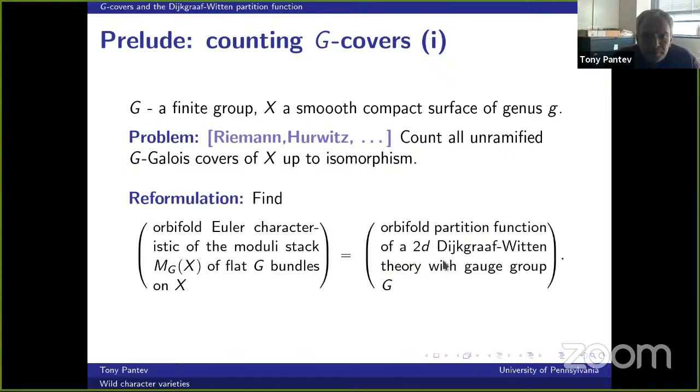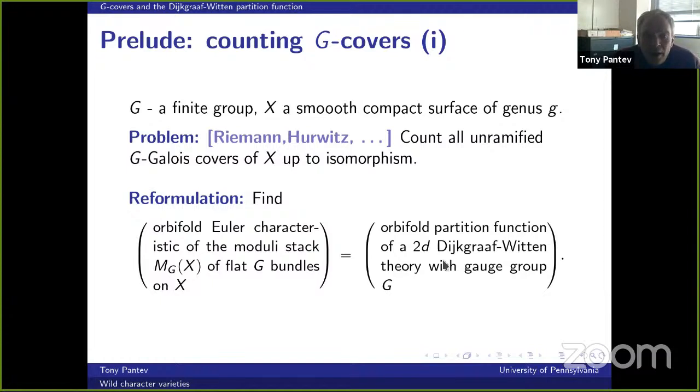And I want to reformulate this question. And this is a question about computing an Euler characteristic. The Euler characteristic of the moduli of flat G bundles on the Riemann surface X. But I want to write it in the correct way, in fact, the way it appears in physics.